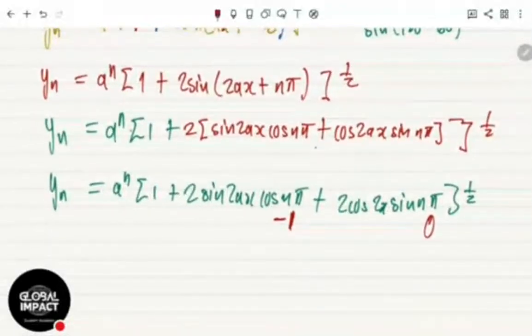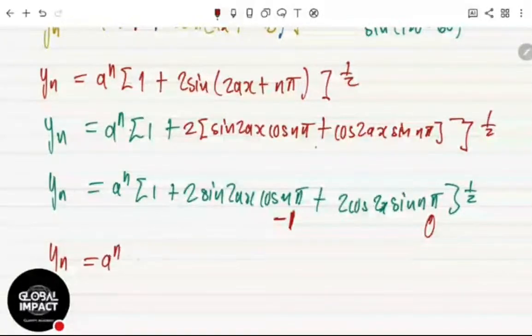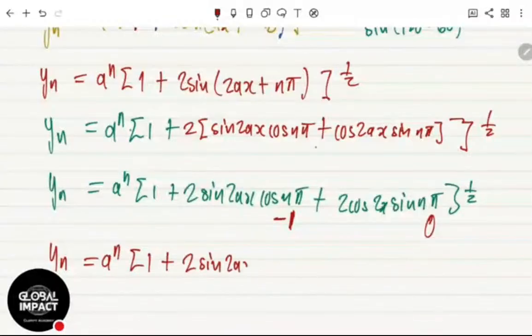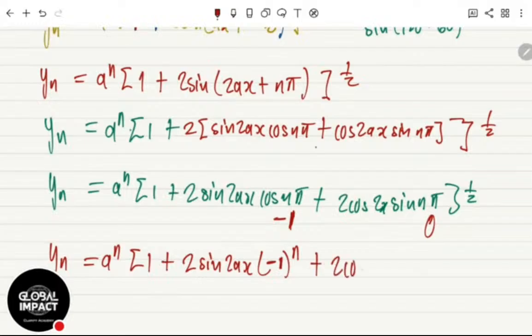So if I'm to simplify this and put the last thing, I would know that when I am doing for the nth derivative yn, I would have it as a to the n, then inside is 1 plus, here 2 sine 2ax multiplying cos n pi. Since we are doing for yn, you would say it will be -1 to the power of n. Then plus here it will be 2 cos 2ax.